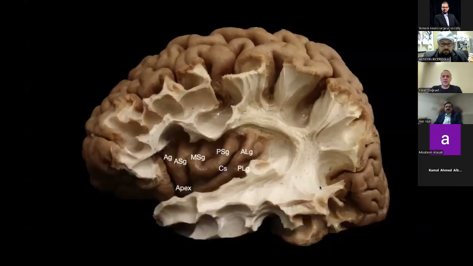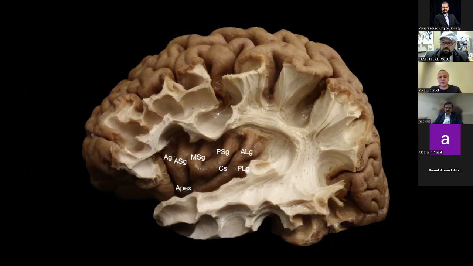The insula is inside the Sylvian fissure. It has 5 gyri: 3 of them are short gyri and 2 are long gyri. The short gyri are the anterior, middle, and posterior short gyri.